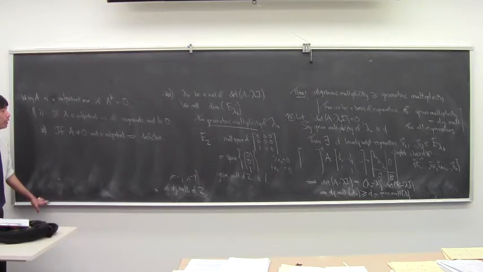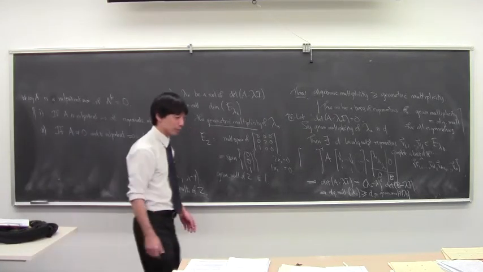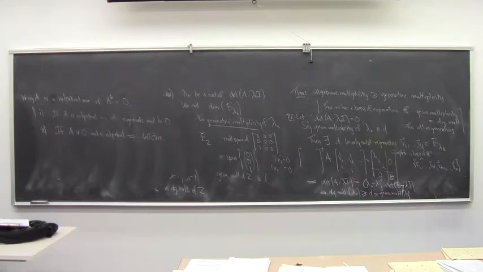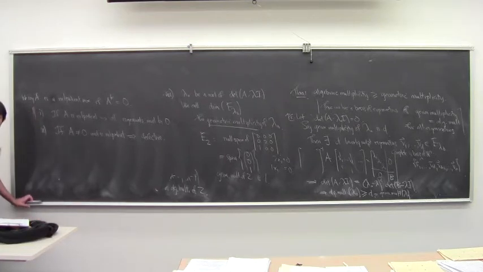Why then is it not diagonalizable? Feel free to work on either part. I guess the first part is probably more instructive. Anybody have some idea on either one, or talk to somebody next to you for a minute?